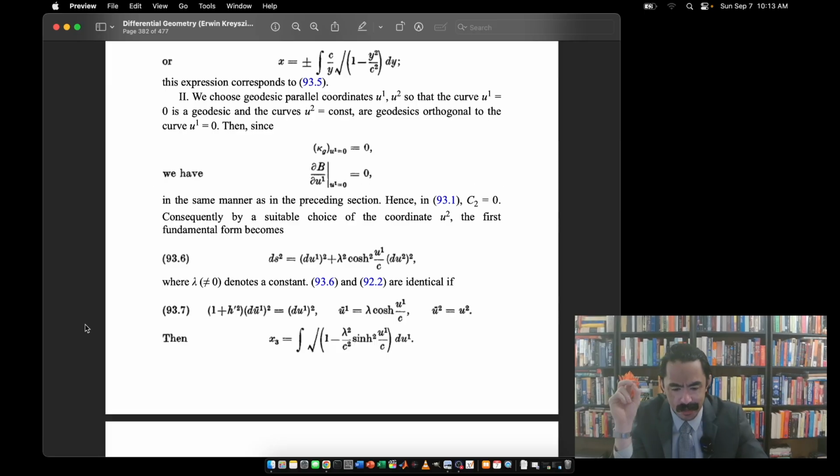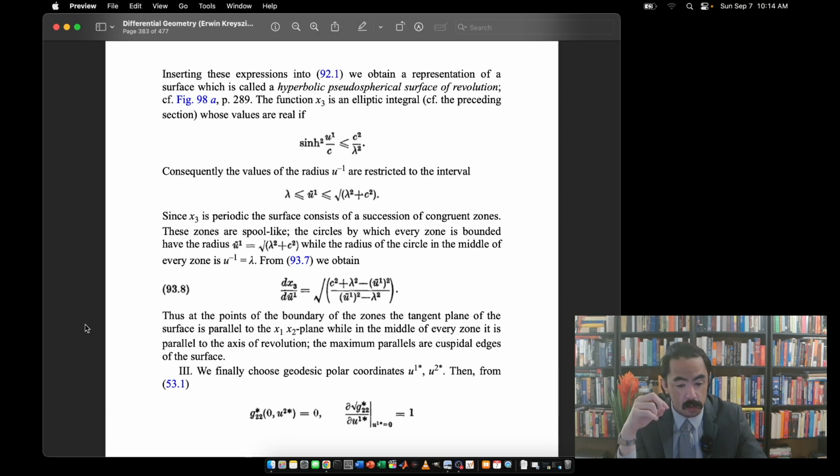These expressions are identical if the quantity 1 plus h prime squared, times du1 bar squared, equals du1 squared, and u1 over bar equals lambda times hyperbolic cosine of u1 over c, and finally u2 over bar equals u2. Then we have that x3 is equal to the integral of the square root of the quantity 1 minus lambda squared over c squared times hyperbolic sine squared of u1 over c, du1.